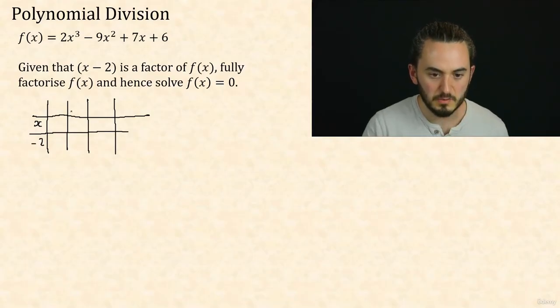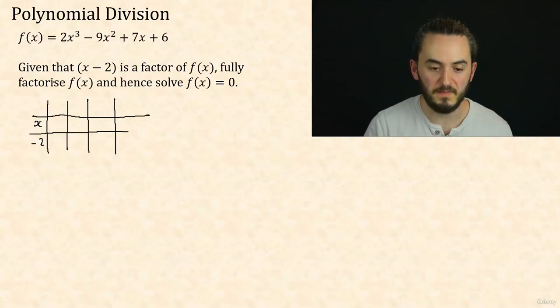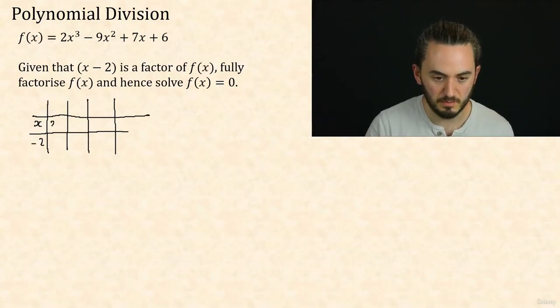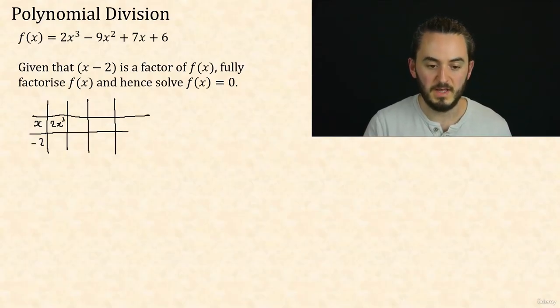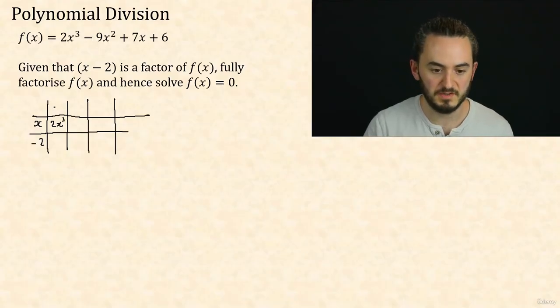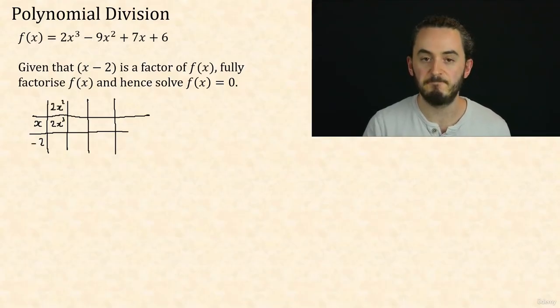Okay, so the cubic term, we're only going to get that by doing x times an x squared term. That's the only way that we're going to get up to cubed. So all of the 2x cubed is going to fit in that box. Now, x times what gives me 2x cubed? Well, 2x squared. So that goes up here.